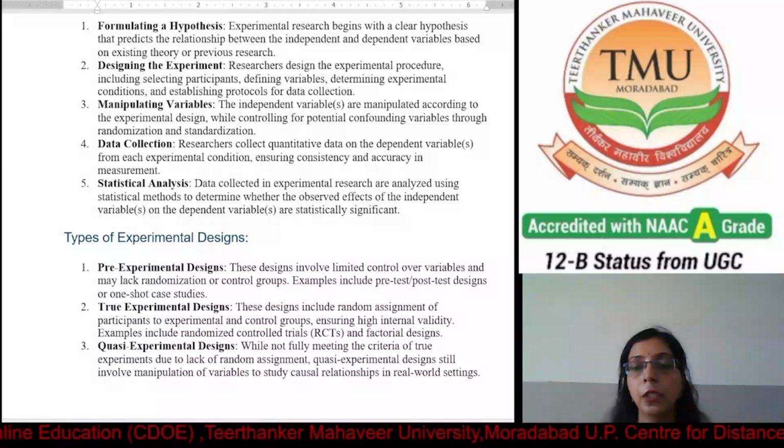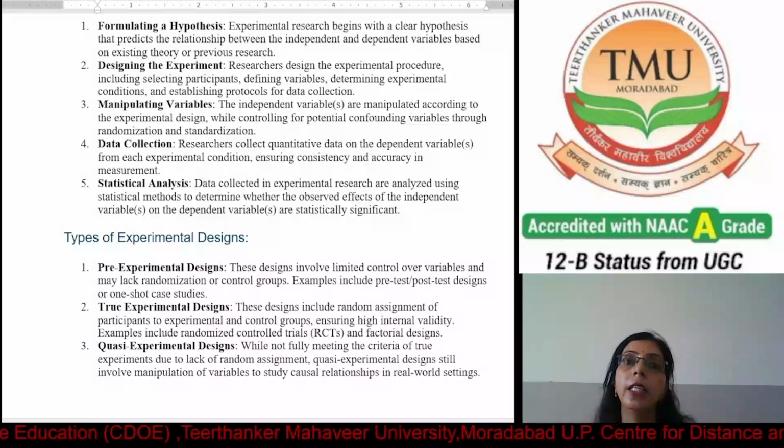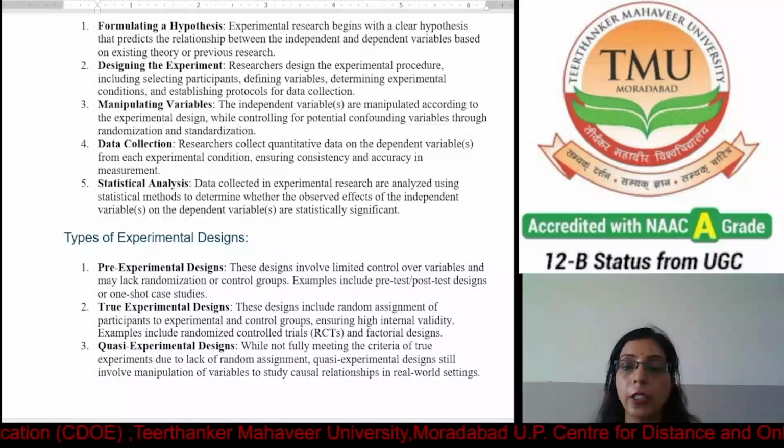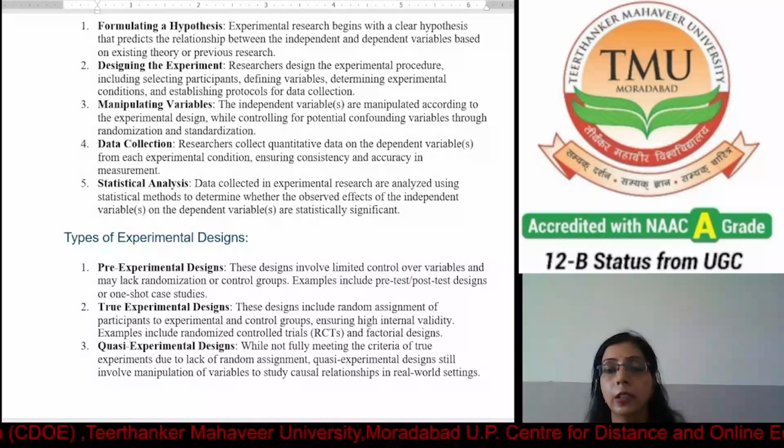The experiments using this design are conveniently conducted in the school situations where the researcher has no control to manipulate the variables as per his design.